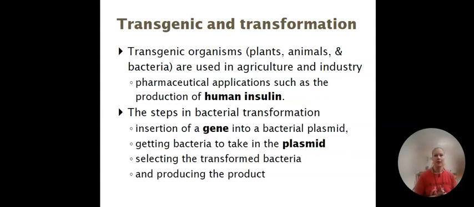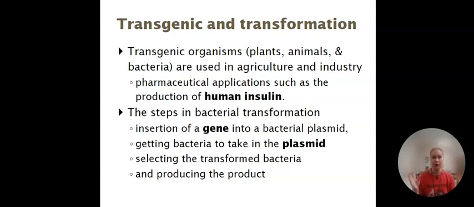So sticking with different biotechnologies, we're going to talk about transgenic organisms. A transgenic organism is any type of organism, plant, animal, bacteria, where its DNA has been manipulated. So essentially what we do is we take a gene from one organism and we put it into another organism. This has been done a lot in agriculture and pharmaceutical industries.